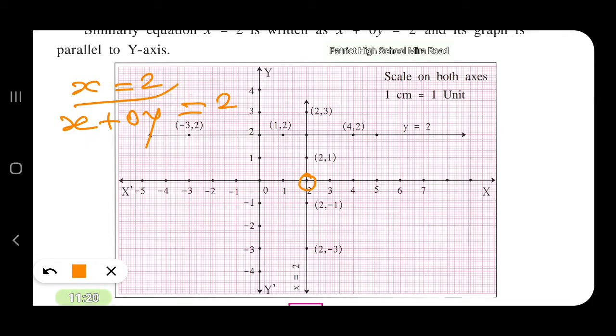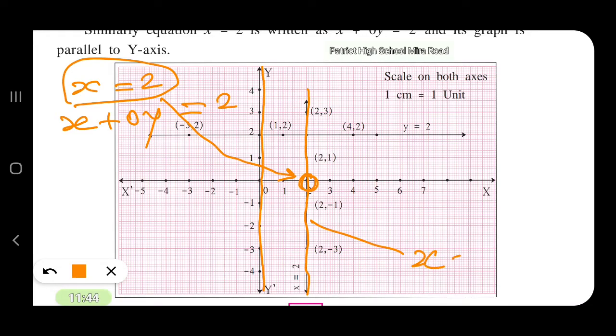This point is represented by this on the graph. Now at this point we draw, this is the y-axis, and we draw a line passing through this point and parallel to the y-axis. So x is equal to 2 is represented by this particular line, parallel to the y-axis.